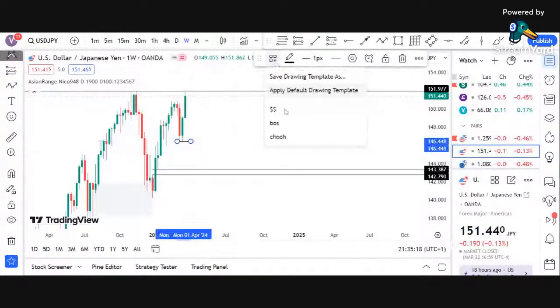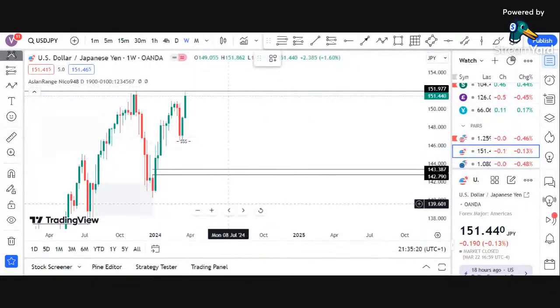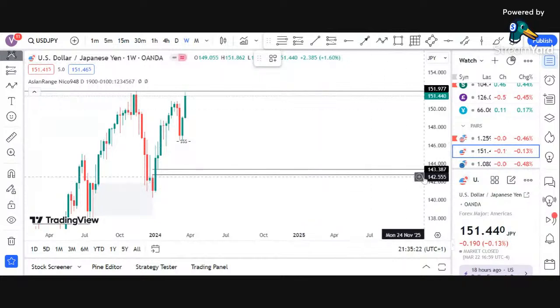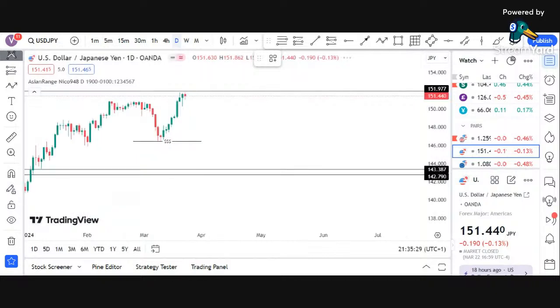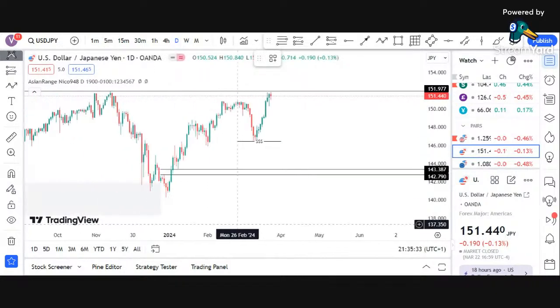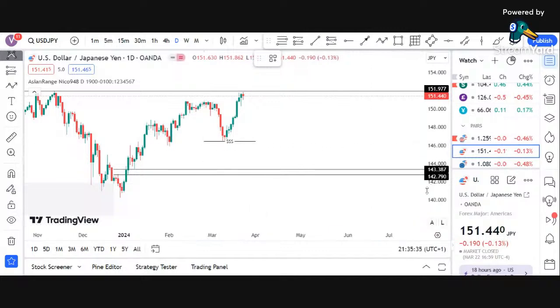This will be used as a liquidity grab. Let me just mark it out. So price grabs liquidity, then takes us to the upside. If you want to trade USDJPY, you should wait patiently for price to tell you. You can see this was the daily time frame.